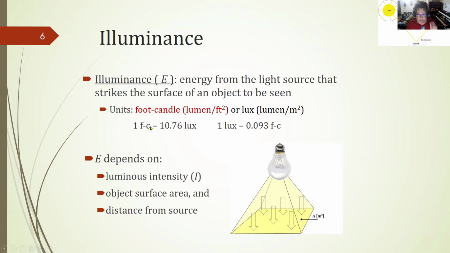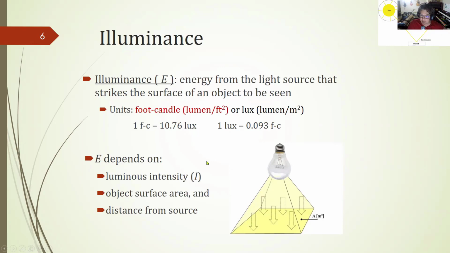If you have 1 foot candle, you actually have 10.76 lux, because if you were to take that same density of light and have that same density over a square meter, it would be 10.76 times as much. So there's your conversions back and forth. It's entirely about the conversion between square foot area and square meter.